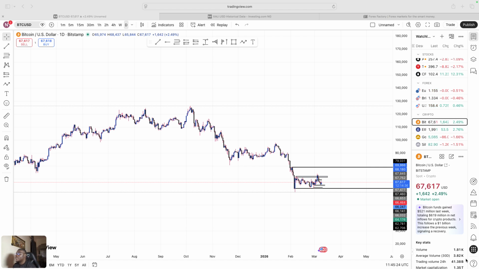The ranging market is usually when the market is moving from one price to another, and it is very constant. It is not creating a higher high, and it is not creating a lower low. We are seeing the market moving within a range. I will explain this to you.